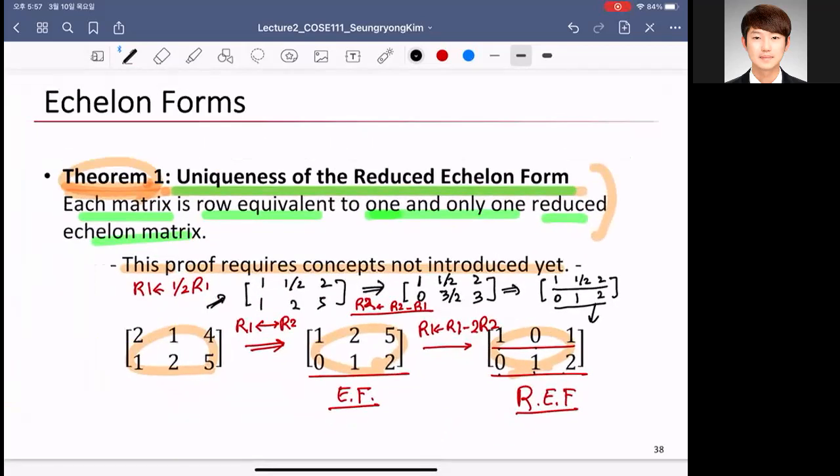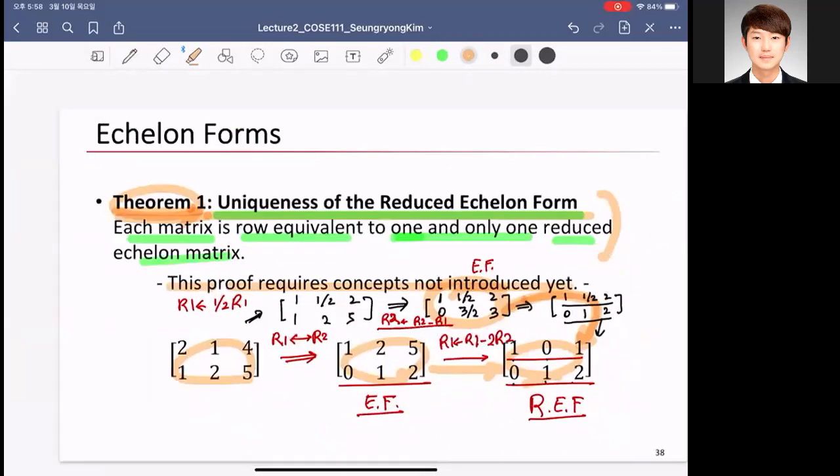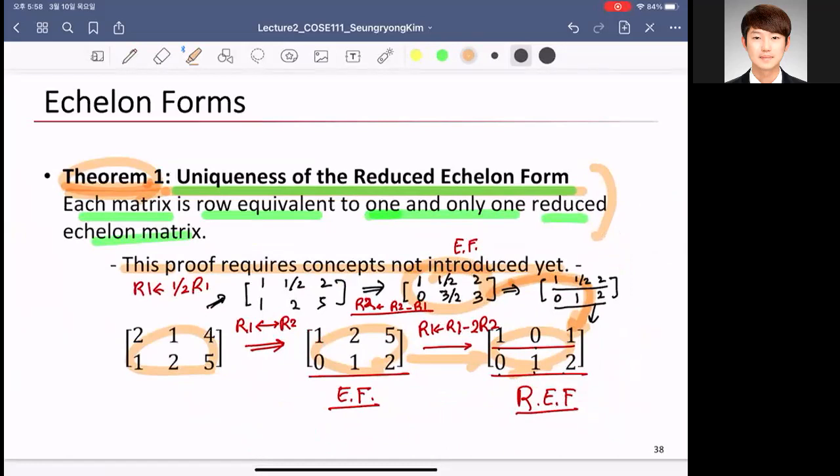So here it was another echelon form of the original matrix. Another echelon form matrix, but this one row reduced the same REF form from here or here. Okay, this is just the proof of the theorem 1. Okay.